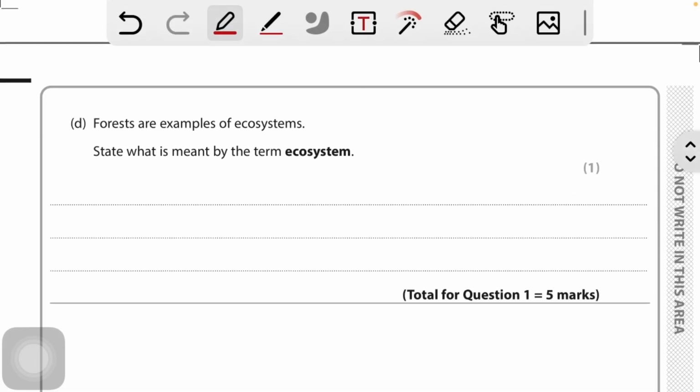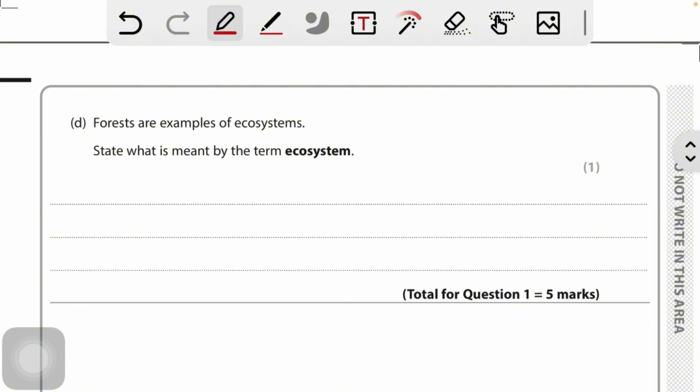So this is the last question of 1D. Forests are examples of ecosystems. State what is meant by the term ecosystem. So what is an ecosystem?